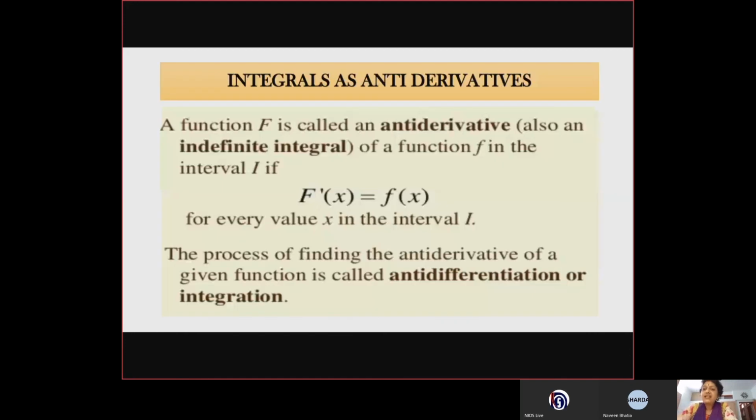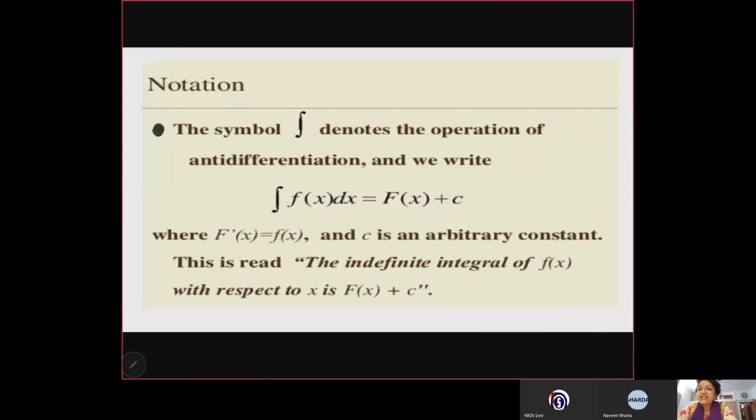Because if we say that the derivative of a function capital Fx is small fx, then the integral of small fx would be capital Fx plus c. So that is why it is called the antiderivative.